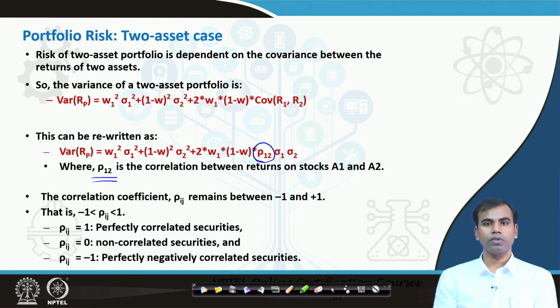So, if we have two assets A1 and A2 which are correlated to the extent of -1 to +1, if it is -1, we know that it is perfectly negatively correlated. If it is +1, it is perfectly positively correlated, and if it is 0, it is not correlated at all.